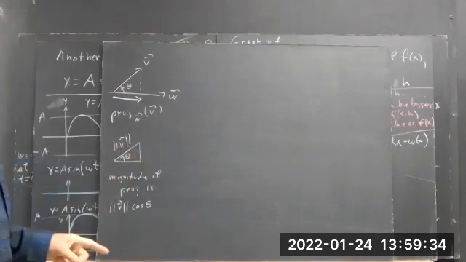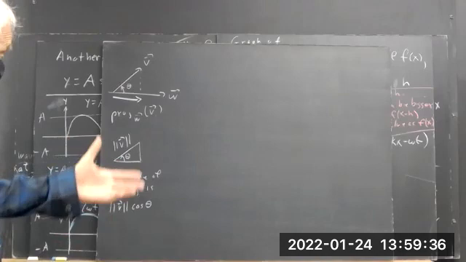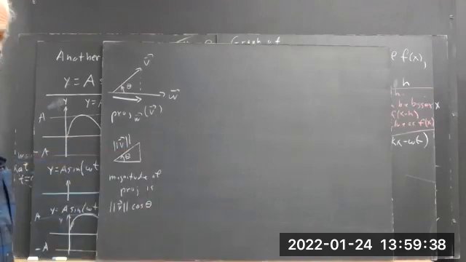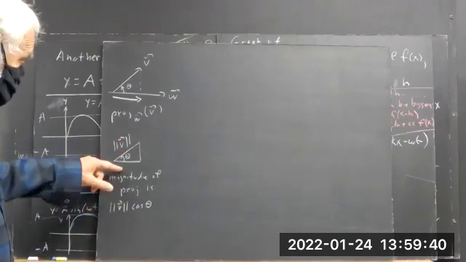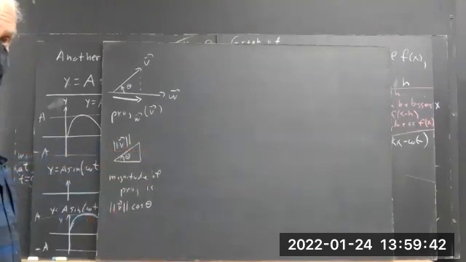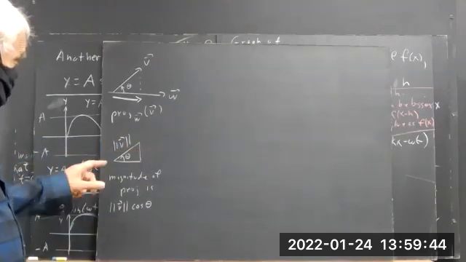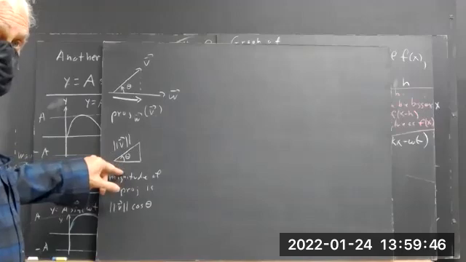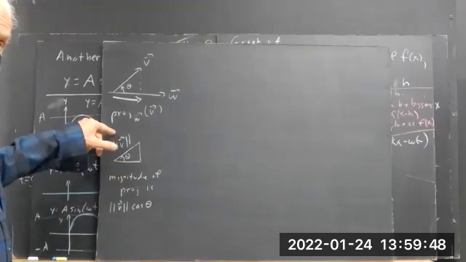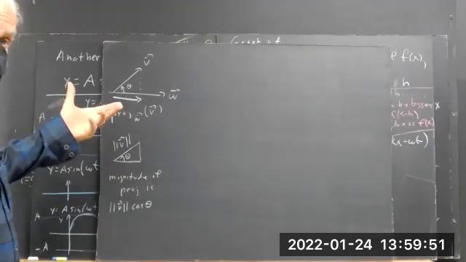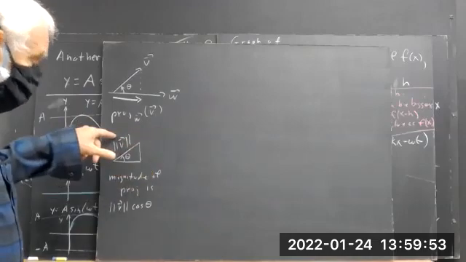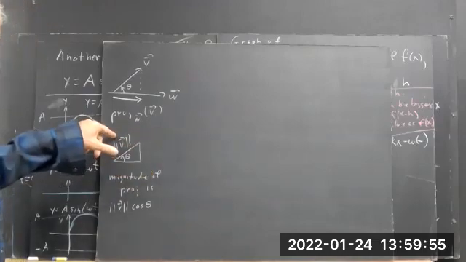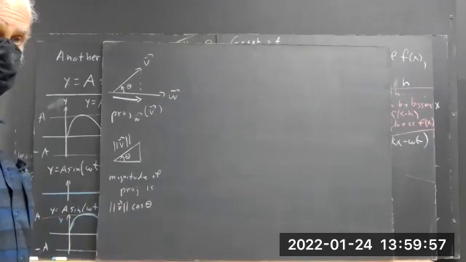If you do enough of these, then it is automatic. You see, that's a cosine, that's a sine. Hypotenuse times the cosine here, hypotenuse times the sine here. If you want to get into it, the adjacent side divided by the hypotenuse is the cosine. Opposite side divided by the hypotenuse is the sine. So your projection is this. Okay.